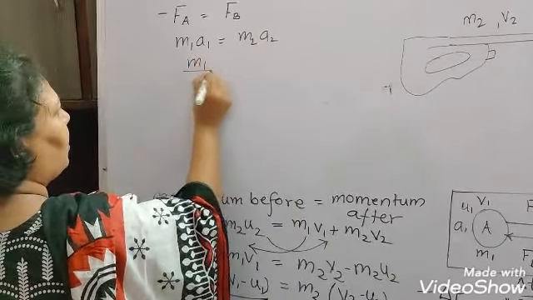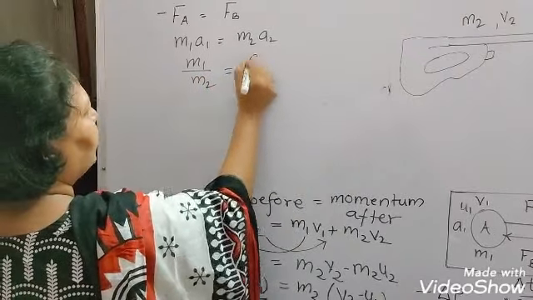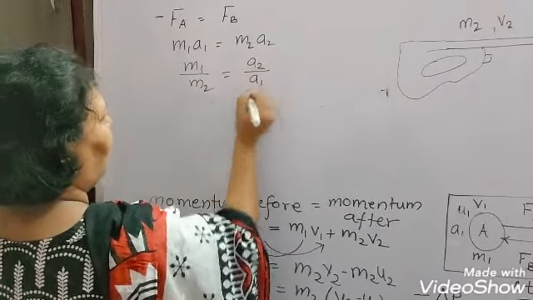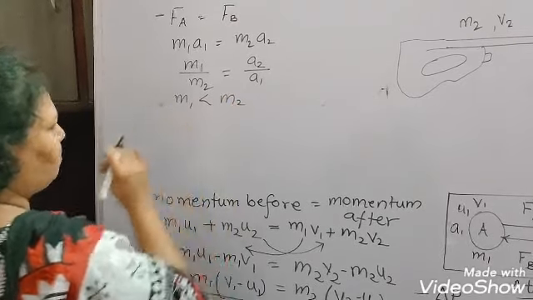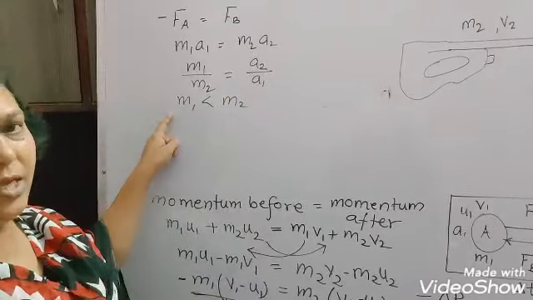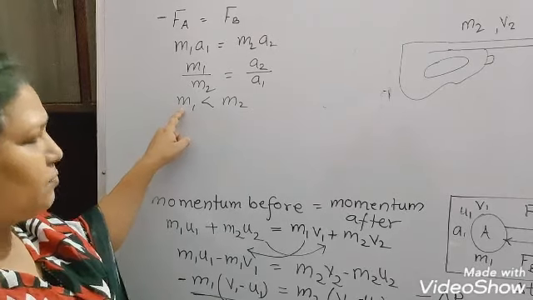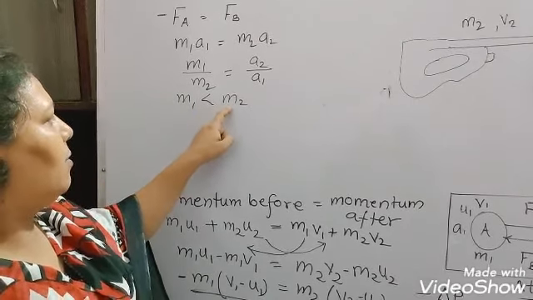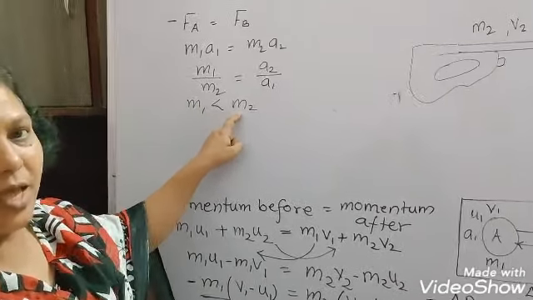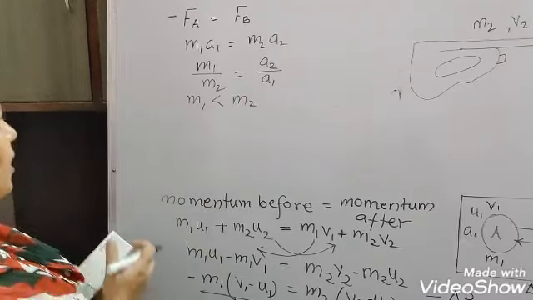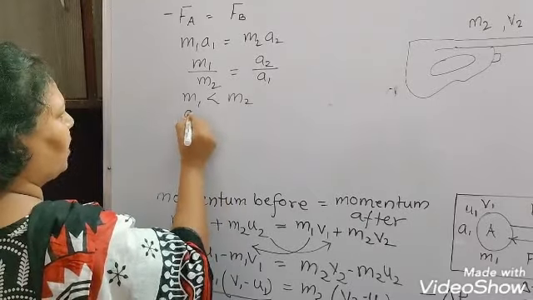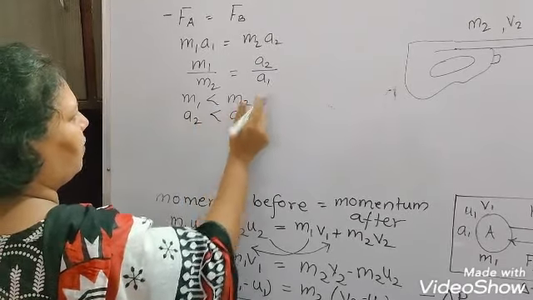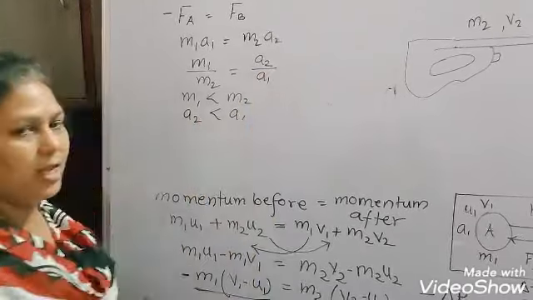Or you can say M1 upon M2 is equal to A2 upon A1. If M1 is less than M2, that means the lighter body is M1, the first body A, and the second body B is the heavier one. So what you can see here, M1 is less than M2, so A2 is less than A1.